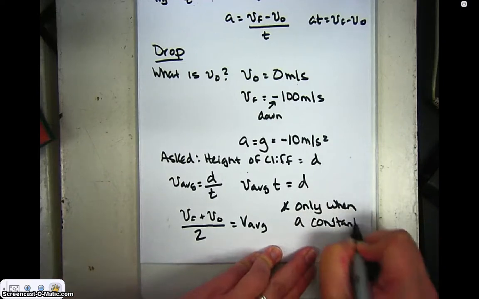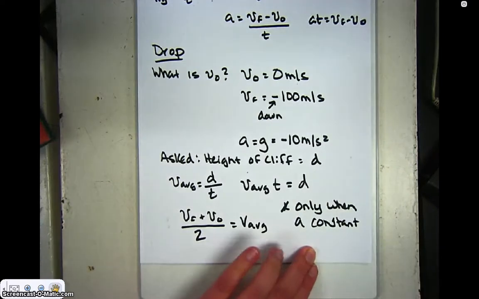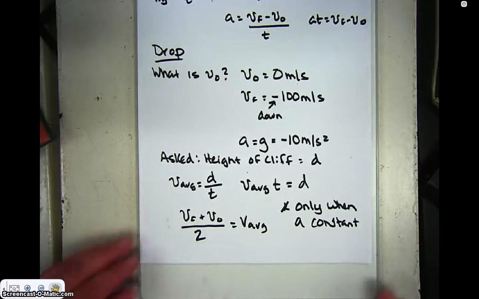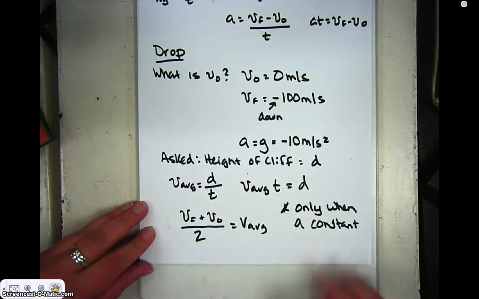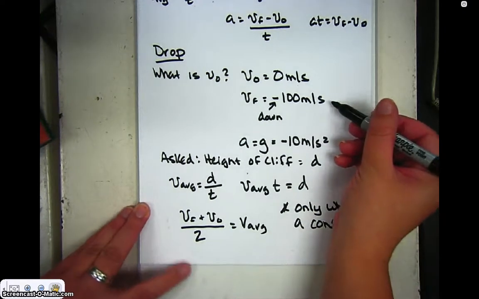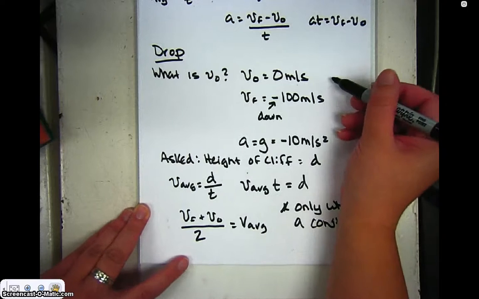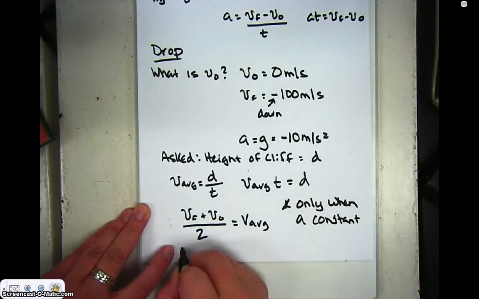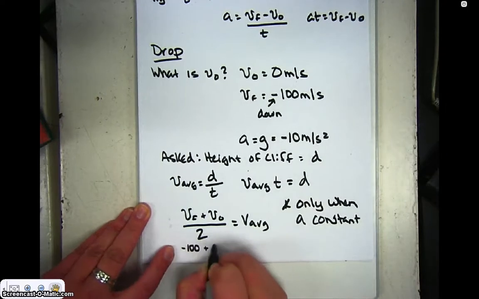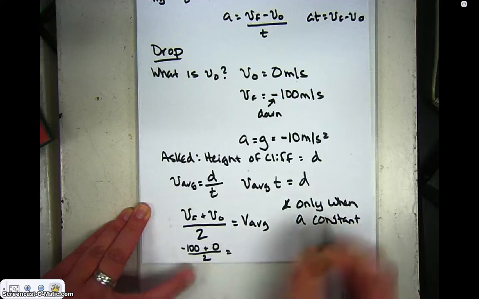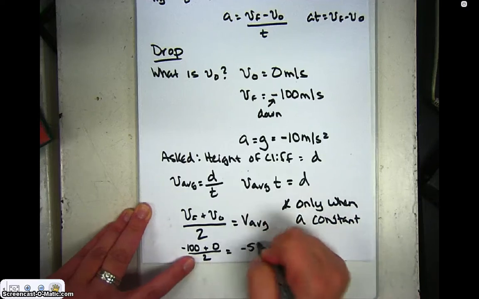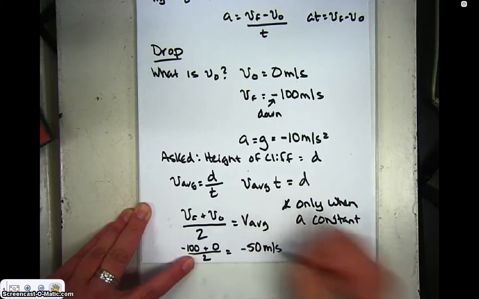We can't ever use this anytime that acceleration is not constant. So if I plug and chug in here, my v final is negative 100, my v initial is 0. If I take negative 100 plus 0 divided by 2, I get my average velocity is negative 50 meters per second.